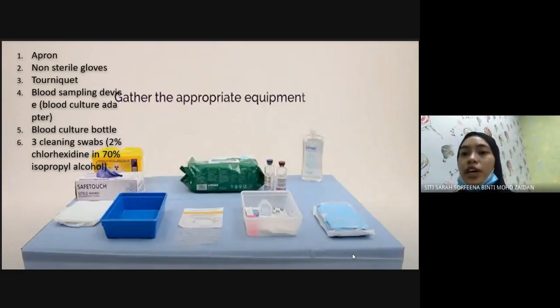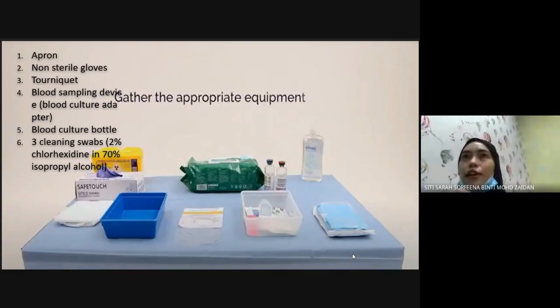Like in this picture, they have a blood sampling device, like a cylinder. But for Malaysia, from what I've observed the HO previously do, they just use venipuncture, whereby they have a syringe and also a needle. Usually the syringe that they will use is a 20 cc syringe, because there are 2 blood culture bottles that we have to fill with 10 cc each.